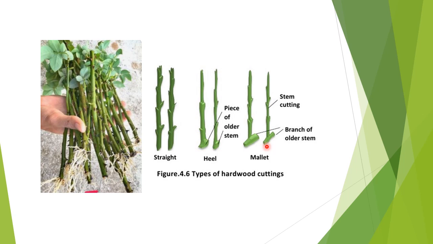It looks like a mallet because this helps us in the formation of adventitious roots here. So these are the types of hardwood cuttings: straight, heel, mallet, and it is from these basal areas that you can see adventitious root formation taking place later on.